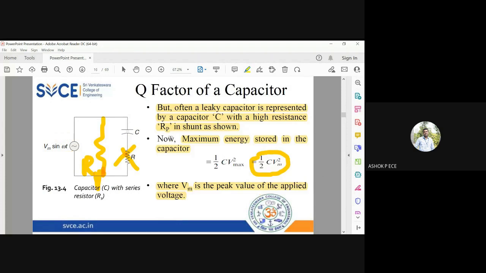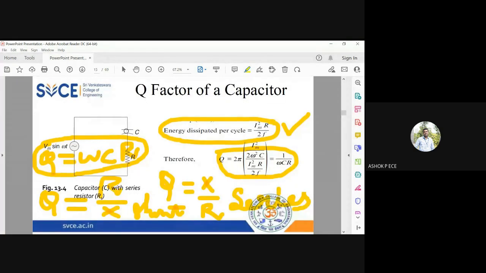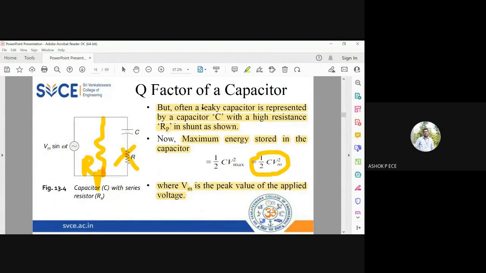So a normal practical capacitor will have C in series with R, but for a leaky capacitor, where the energy is not efficiently stored, we represent this inefficient nature of energy storing by the capacitor by a parallel resistance RP, which will be in shunt with your C. So leaky means some current flowing through the capacitor is leaked into the resistance.